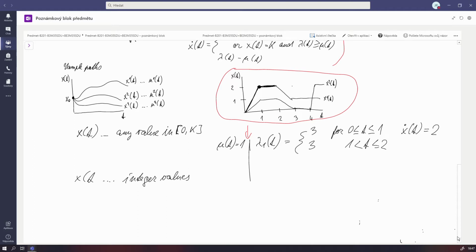In this case the dynamics is 0 and the tank is overflowing.